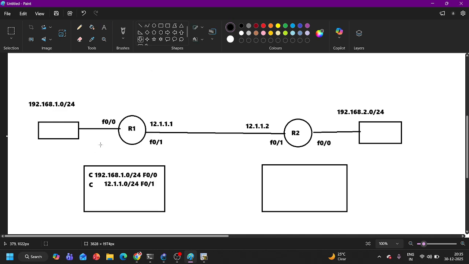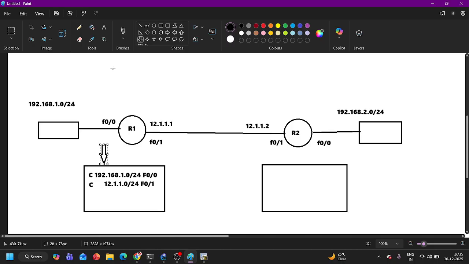And the process of adding a route in the routing table of the router is called routing. The process of adding networks or subnets in the routing table of the router is routing.